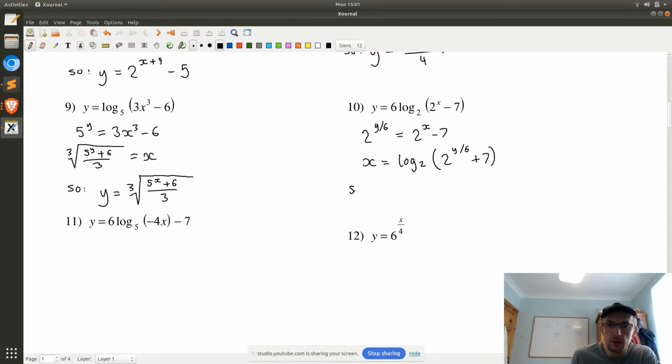And swap the variables. Move the 7 over and divide by 6.